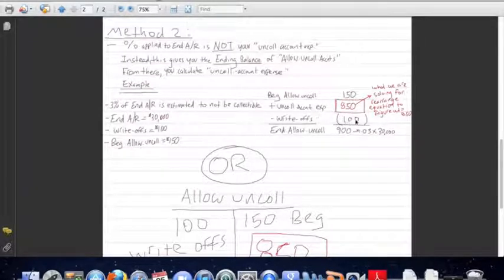Then we know our write-offs are 100, and we know our ending balance is 900 because 3% of ending accounts receivable, which is 30,000, is 900. So we have to back it out. We rearrange the equation: 150 plus x minus 100 equals 900. So you know it has to be 850.